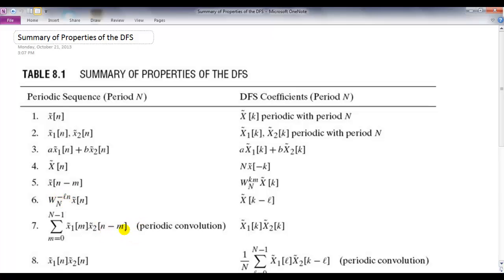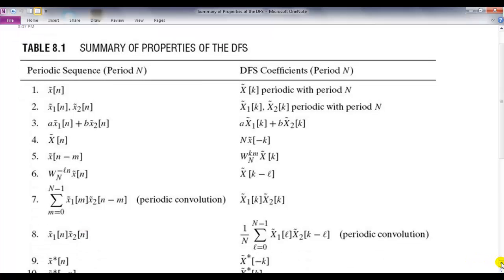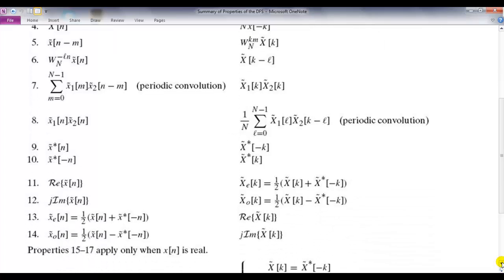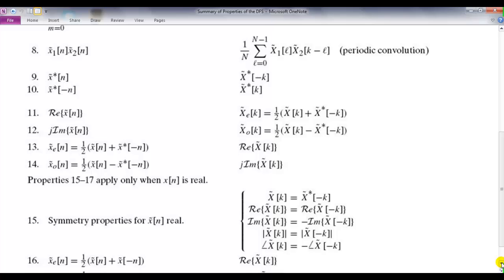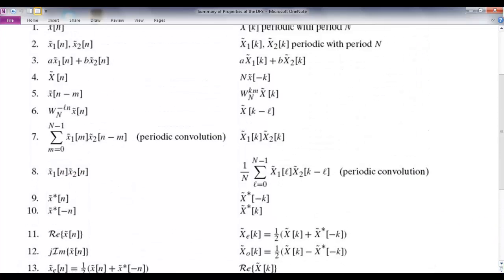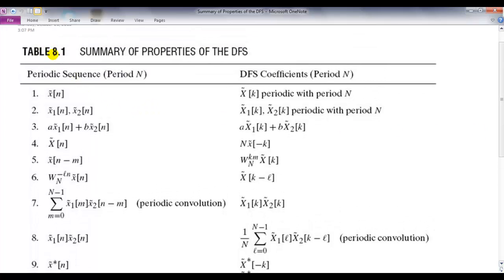You have the periodic convolution property 7, and property 8, which also follows due to duality. There are other ones which relate to symmetry, which we haven't covered but are simple to derive. You can say a few more things if you have a real valued sequence, but we won't spend time on this. These are listed in Table 8.1 in your text, so you can spend some more time on it.